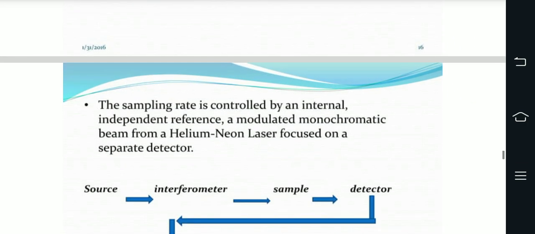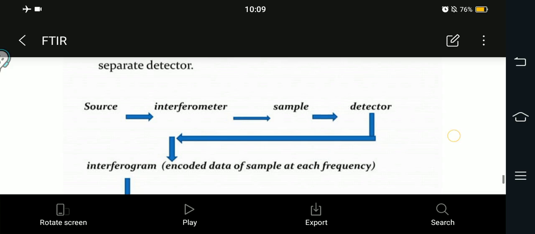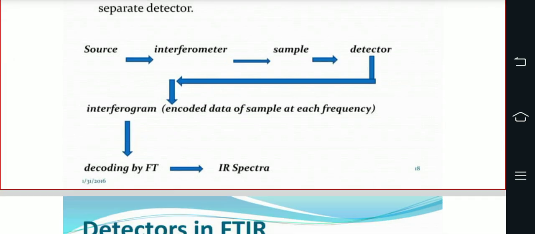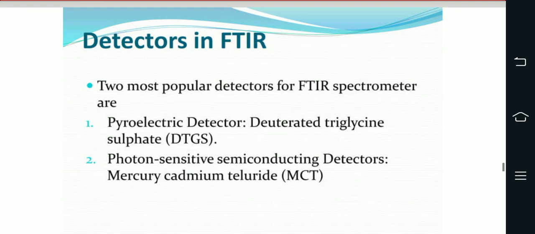The sampling rate is controlled by an internal independent reference, a modulated monochromatic beam from a helium neon laser focused on a separate detector. Here are the components which are used in an FTIR: source, interferometer, sample, detector, interferogram, decoding by FT, and IR spectra.